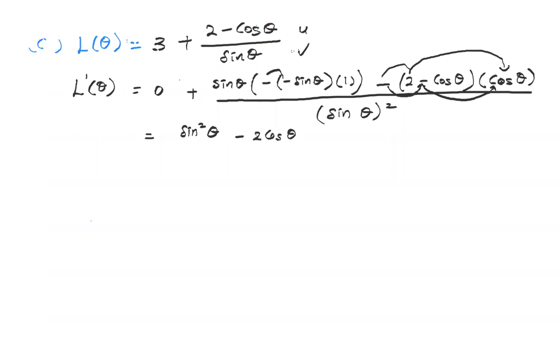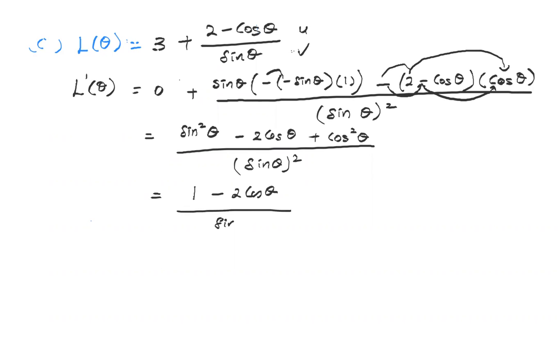So will be plus cos square theta divided by sin theta. If you don't know what it is all about, you do until this stage, you have shown already. Understood sin square plus cos square is 1. If you cannot remember sin square plus cos square is 1, the question gives you already. So you just write down equal to 1 minus 2 cos theta over sin theta.